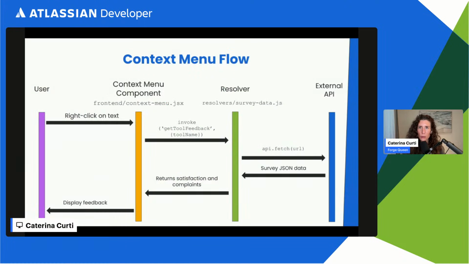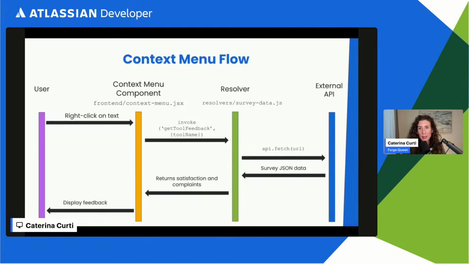If we have a look at our flow for this, we saw that the user would be right-clicking on the text. The context menu would be displayed, and the logic would actually be sent to the resolver again, to our backend.